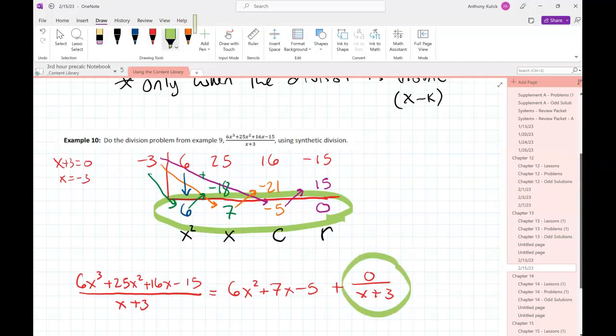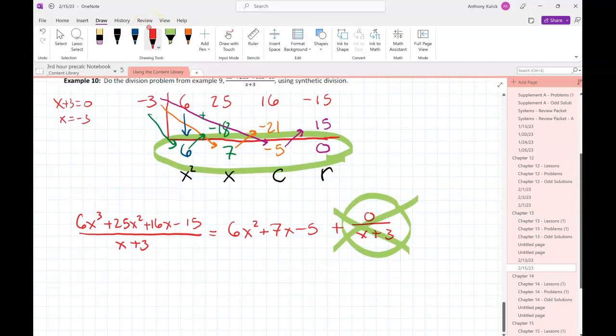What is this? That's just 0, right? If I have a fraction whose numerator is 0 and the denominator is non-zero, it's just 0. So that's just gone. And if I multiply both sides then by x plus 3, what I have is my factored form.